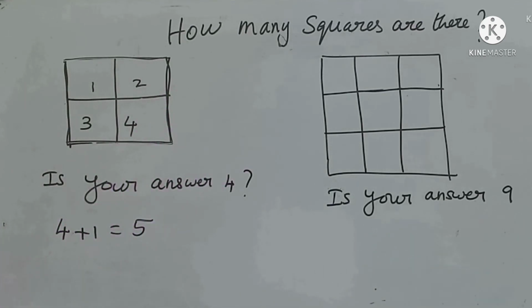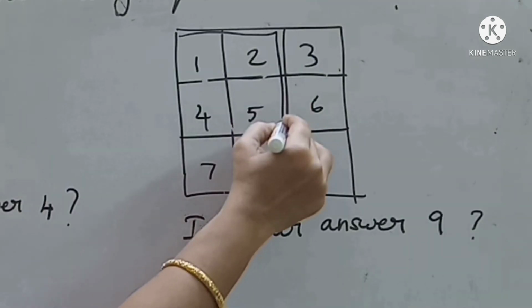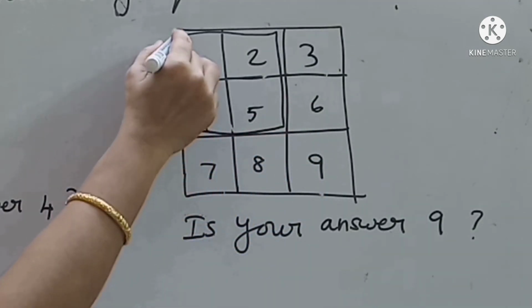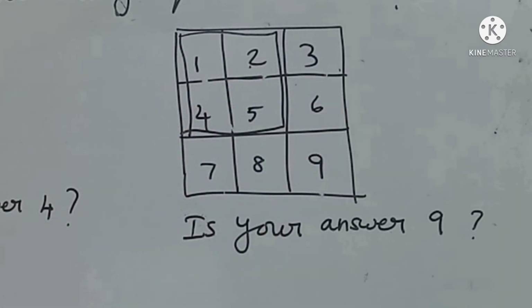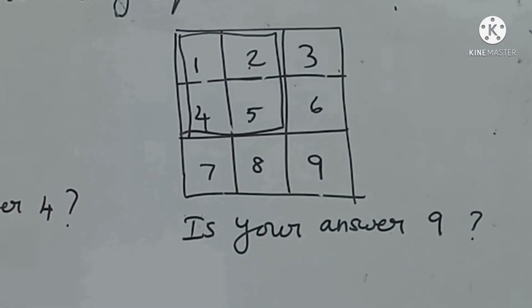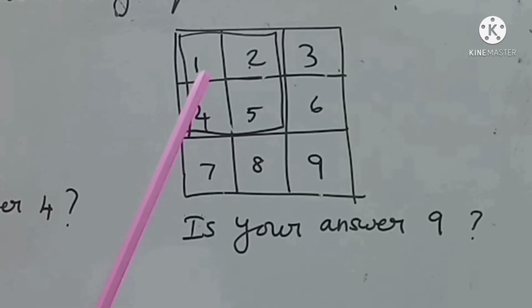In the same way, second figure, is your answer 9? Now you are thinking. So there are 9 small squares. We can make some more squares. Here we are having one more square, and then 2, 1, 3. We take 2, 3, 5, 6, 4, 5, 7, 8.